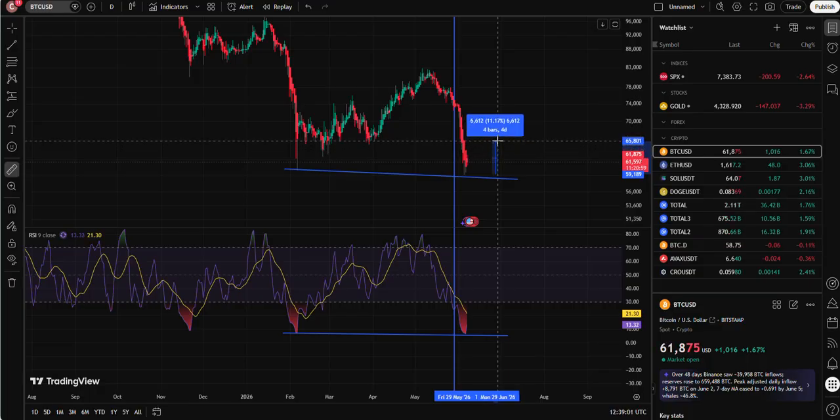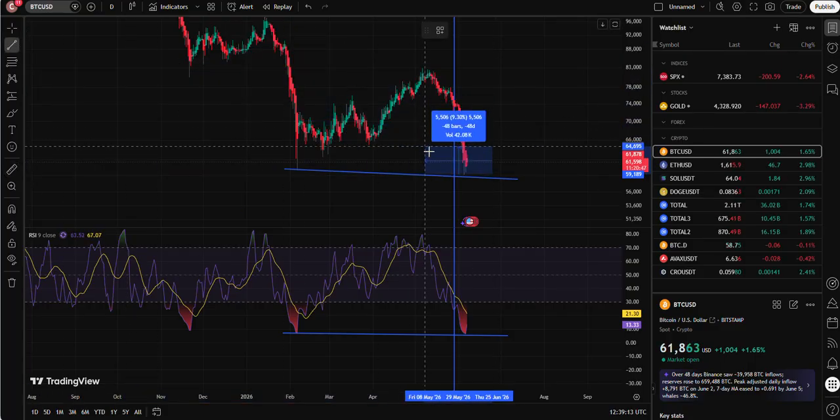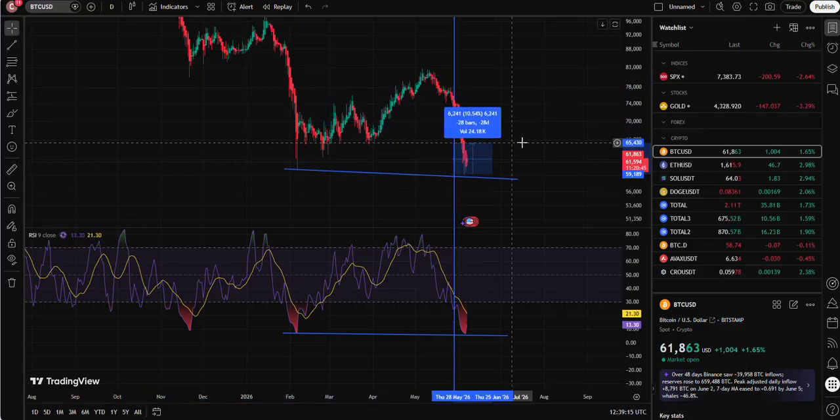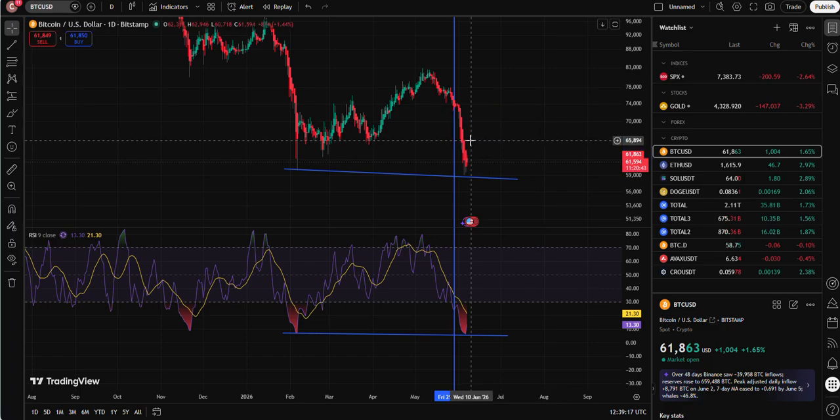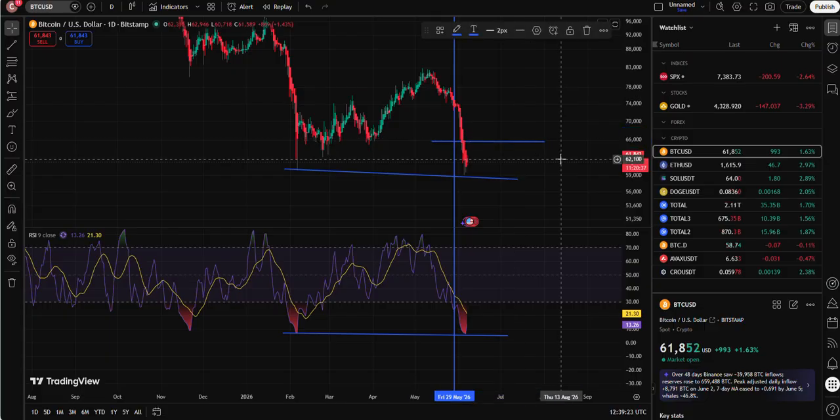Let's see how many X there are on the market, but X10 should be a good value. X10 is around 65,000. Here is 65. If you go short X10, okay, 60, 65 is not important.